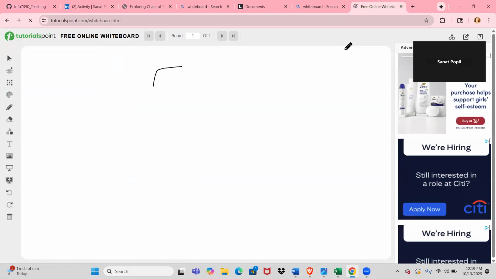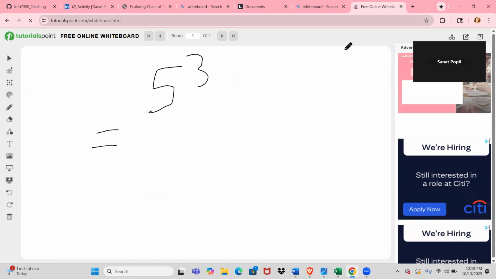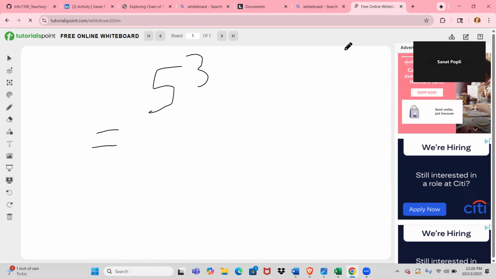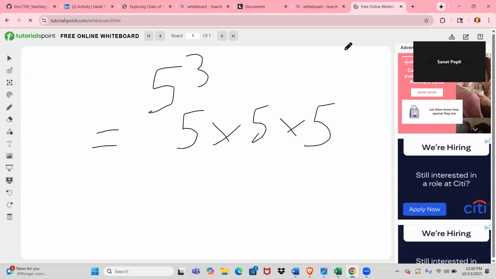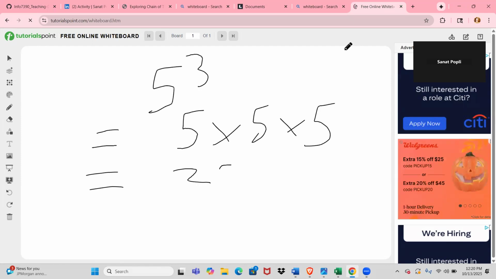If I give an example of 5 cube, how will we solve this problem? Good mathematicians can tell this really easily, but what if we are just an average math person? So just 5 into 5 into 5. The next step would be 5 into 5 is 25, into 5.